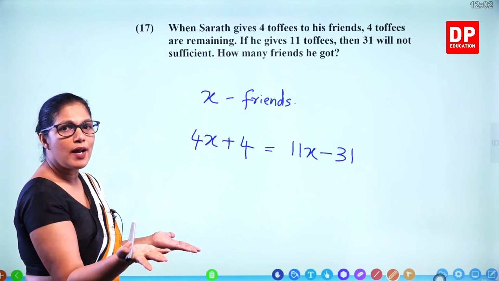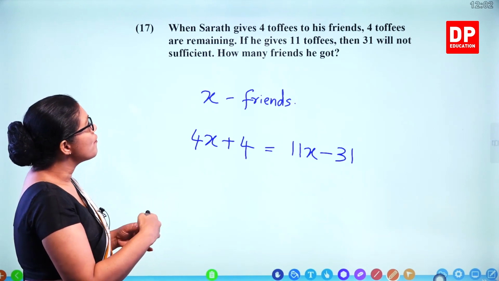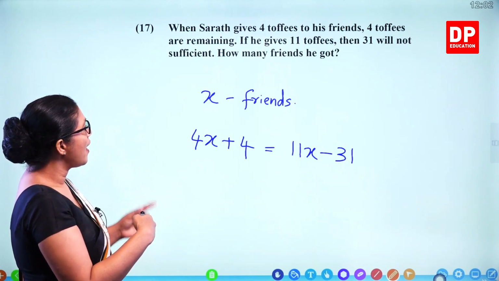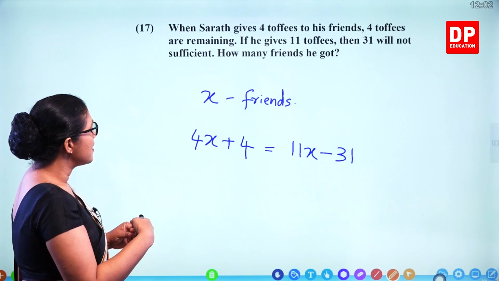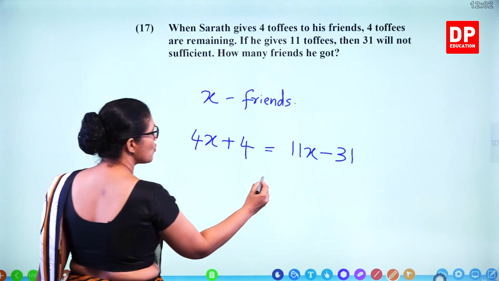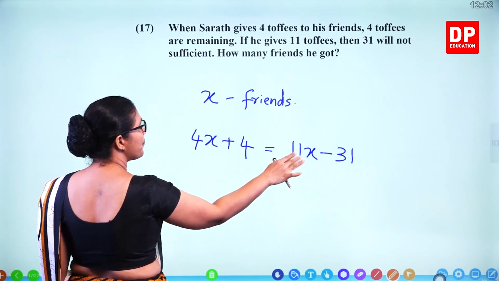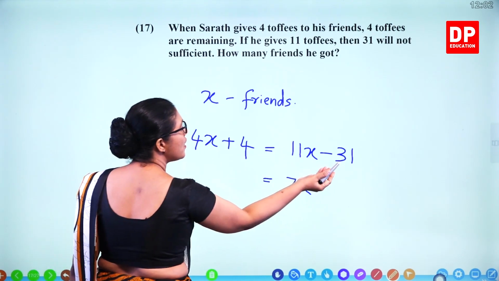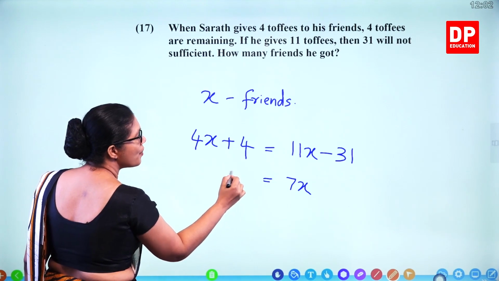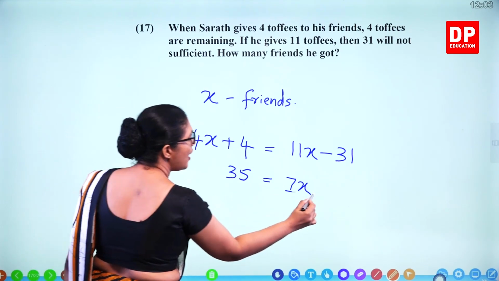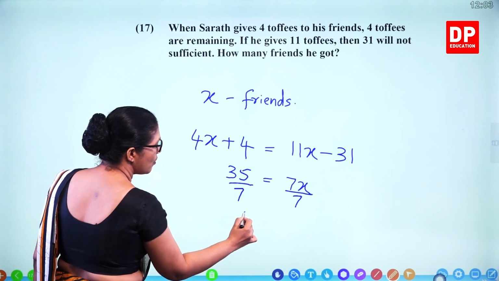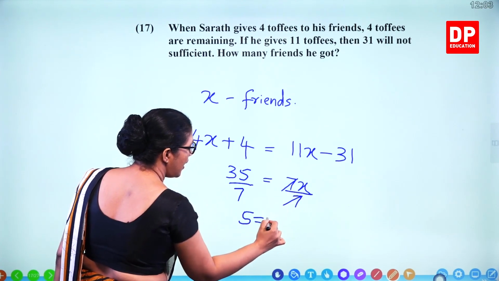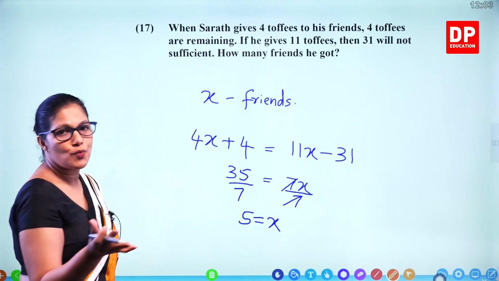So we can equate these two because the number of toffees is equal. You can find x from this. This is a linear equation. So take x terms to this side. 11 minus 4, 7x is equal to 31 plus 4, 35. Now divide by 7, you get 5. x is 5. So 5 friends were there.